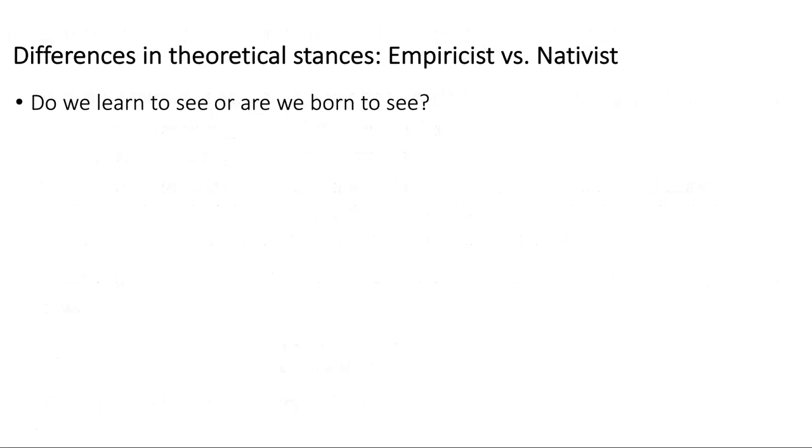If you follow this way of thinking, you may also come across empiricist versus nativist stances. Here the major question is: do we really learn seeing, or are we born to see? This is a nice summary of these two different views within the framework of visual cognition.